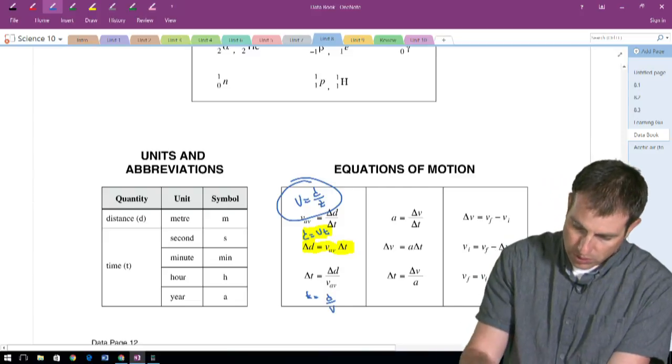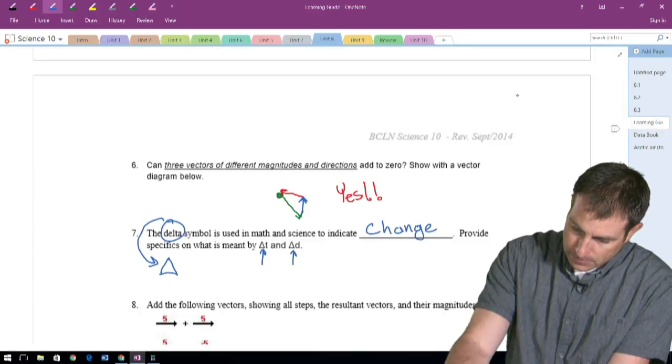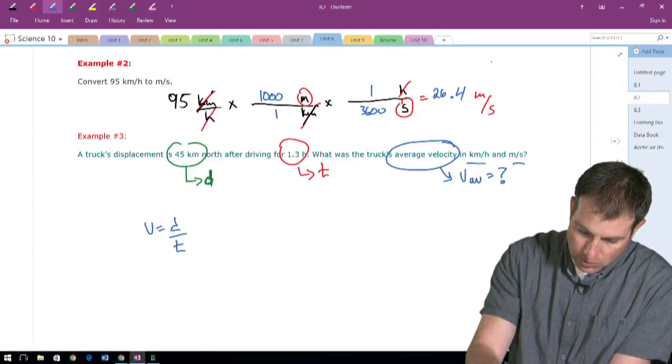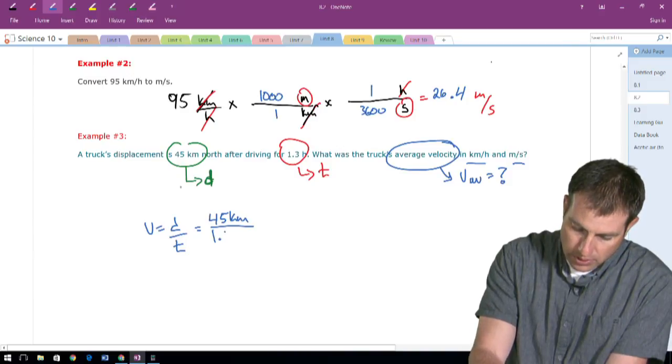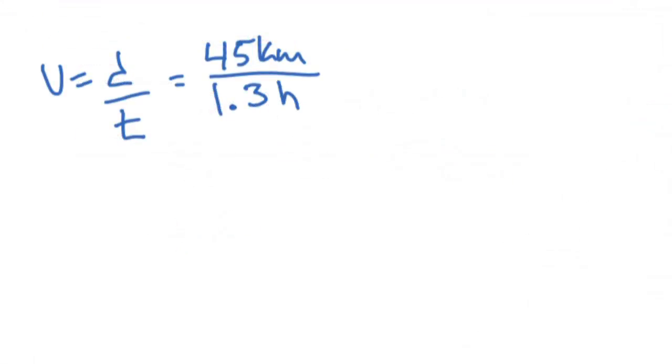So that's what I'm going to use. The distance I have is 45 kilometers, and I have it in 1.3 hours. So my units here are going to be kilometers per hour, so my answer is going to be in kilometers per hour.